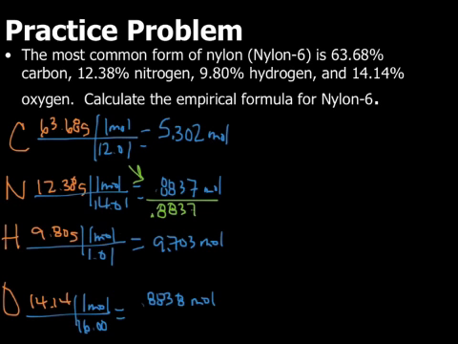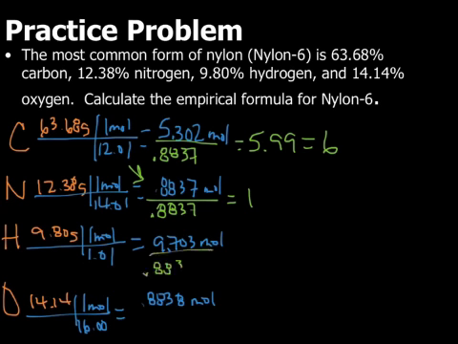0.8837, that gives me 1. Divide this one by 0.8837. That's going to give me 5.99, which I can round to 6. Next one, 0.8837. That gives me 10.98, which I can round to 11.